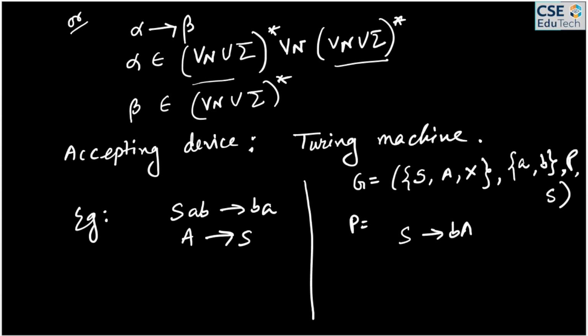So we can write BA to AAX, suppose BAA to ABA, or we can also write AX to epsilon, and so on. So these are basically the examples, example 1 and example 2, which belong to type 0.